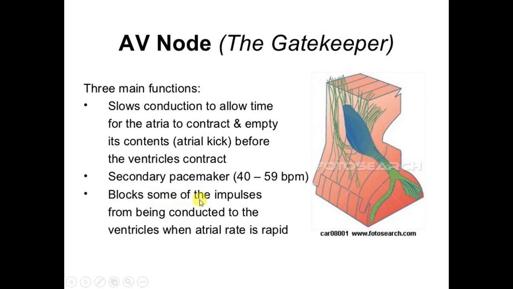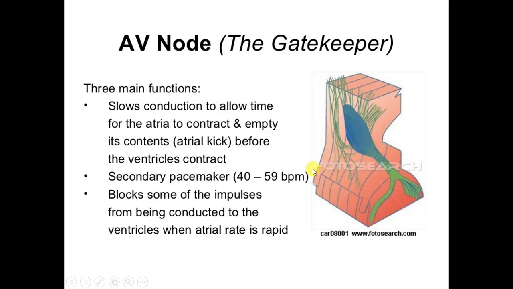It will also block some of the impulses from being conducted to the ventricles when the atrial rate is rapid. Means if the atrial rate is more than 150 per minute, then not all the impulses are transmitted from the atria to the ventricles, but it will transmit a certain amount of impulses.